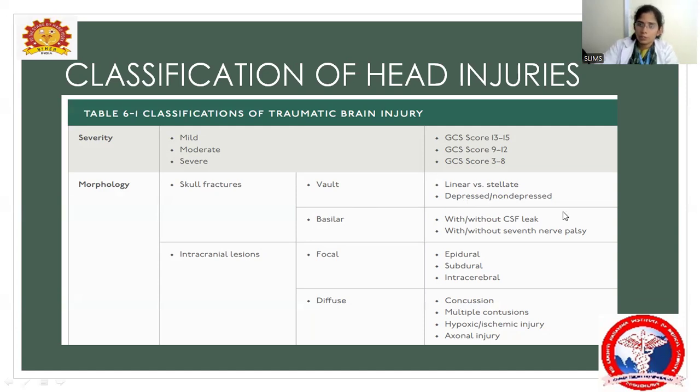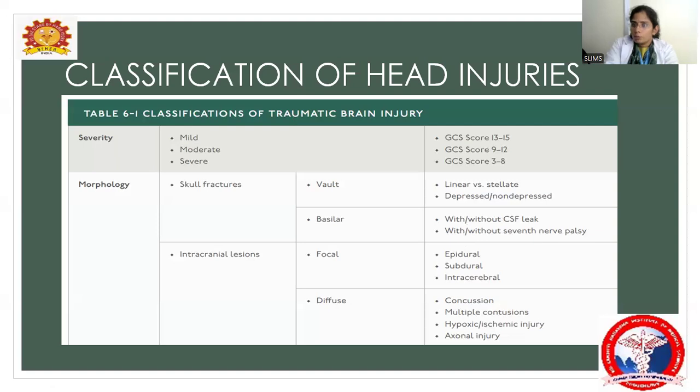That is, there will be a fracture, but the fracture segment will not be displaced. Basilar is nothing but the floor of the skull. Basilar fractures are classified as with or without CSF leak, with or without seventh nerve palsy. In the case of intracranial lesions, we classify them as either localized to one point or diffuse.